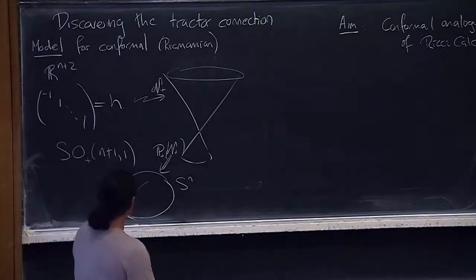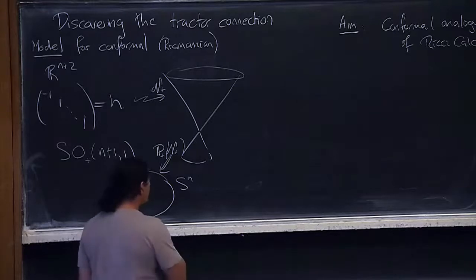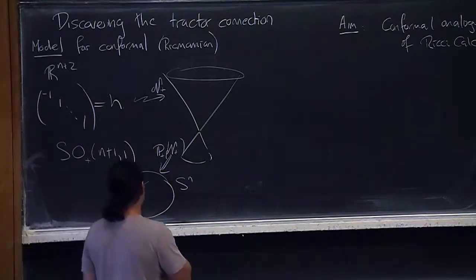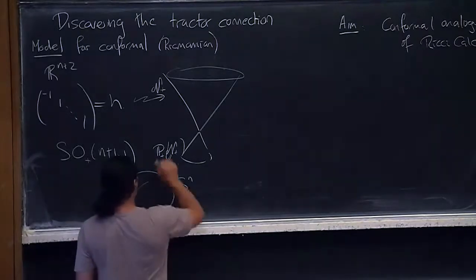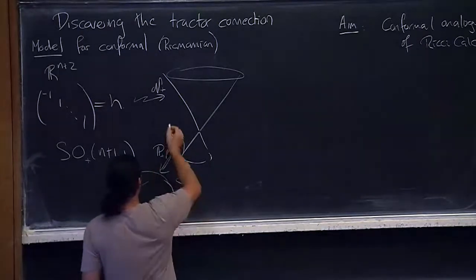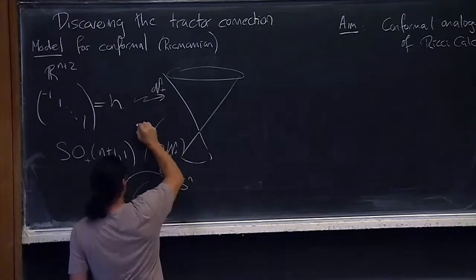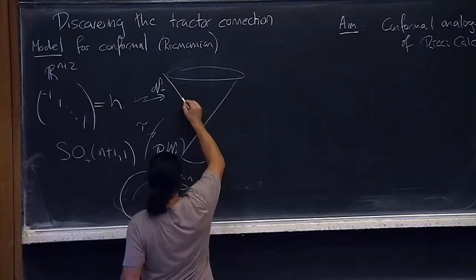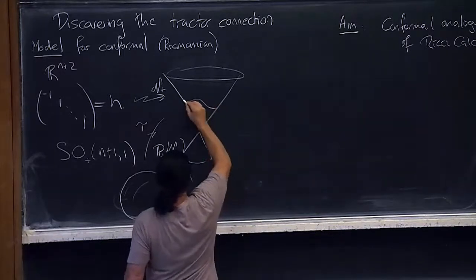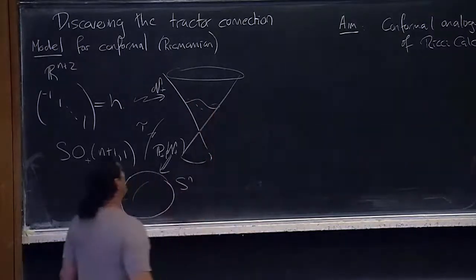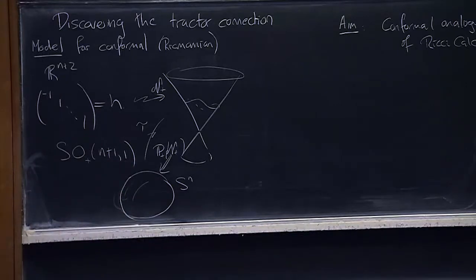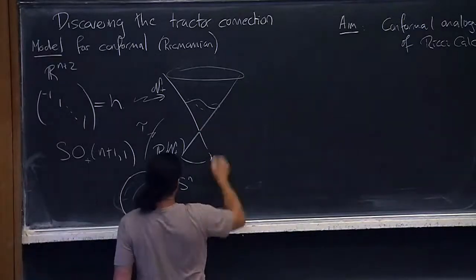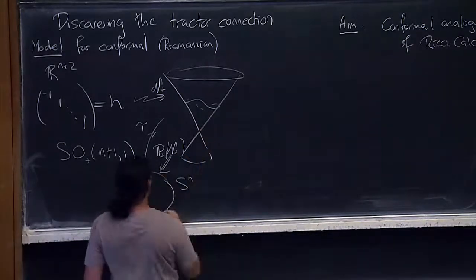Okay, so what sort of geometry is on that sphere? Well, one way to explore it is you could take a section of this projectivization. So let's call it tau, say. And that literally takes a section of the cone, so it picks a point out of each of those rays, and then given that section, you can actually pull back the metric.